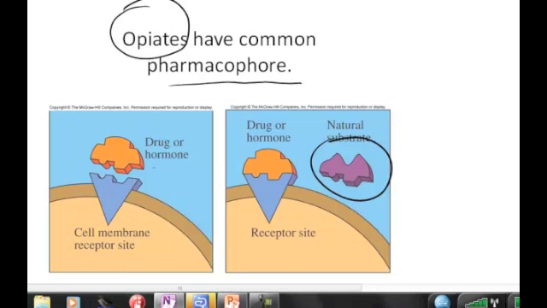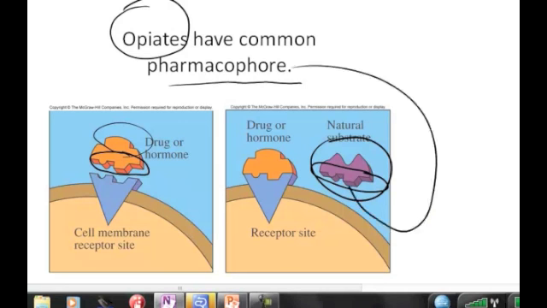Well, the drug, or a hormone acting as a drug, would have the same kind of puzzle piece matching up as the natural substance. The back half of the molecule doesn't have to look the same. It's just the part that's actually interacting in what's called the receptor site or the active site of the receiving end of the message. So the pharmacophore would be this part right here where it matches up.